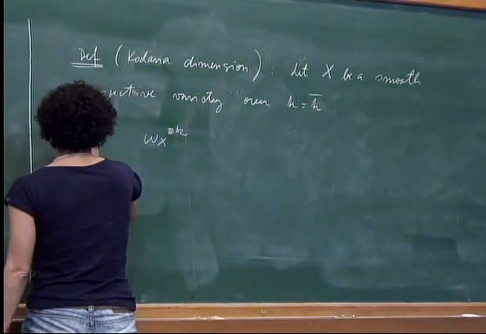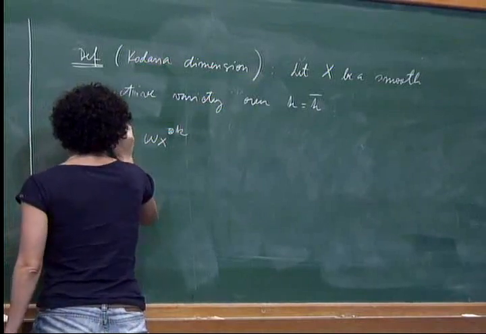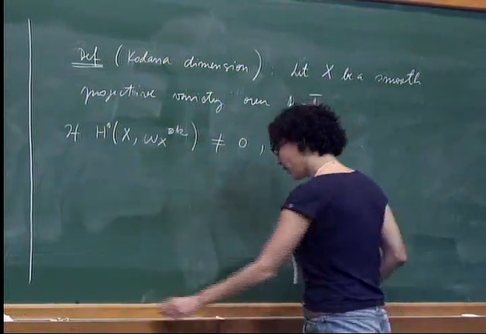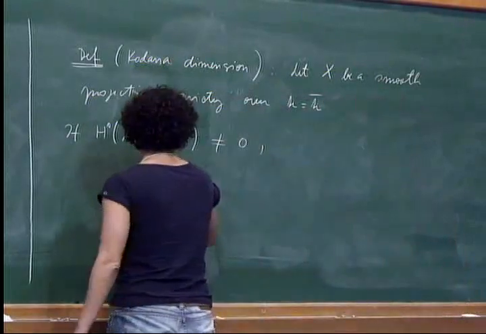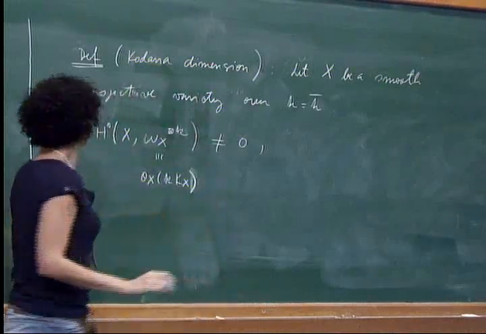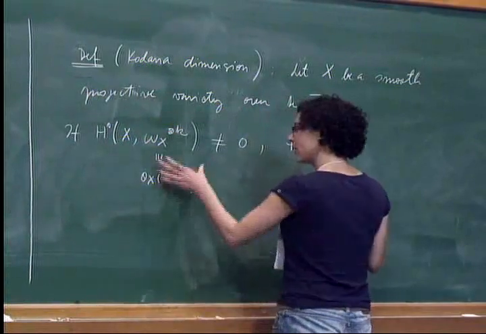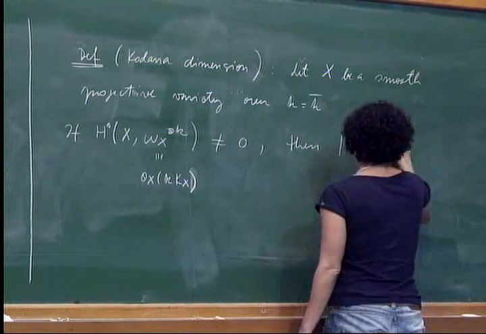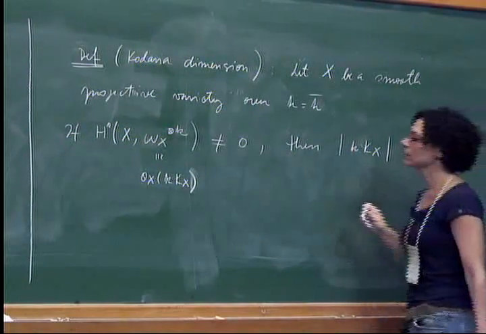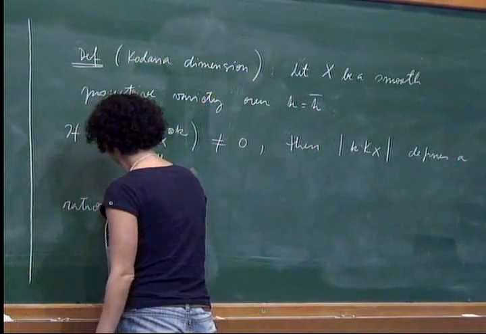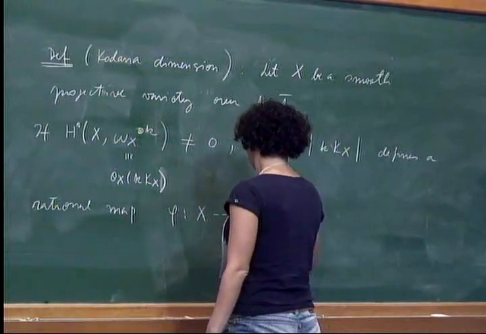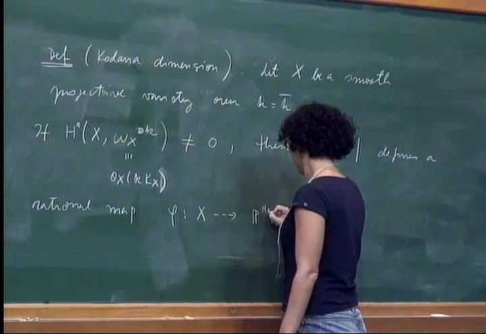If it has a global section, so if H^0(X, omega_X^k) is different than 0, then we can look at the complete linear system kK_X, and it defines a rational map phi_k from X to some big projective space.